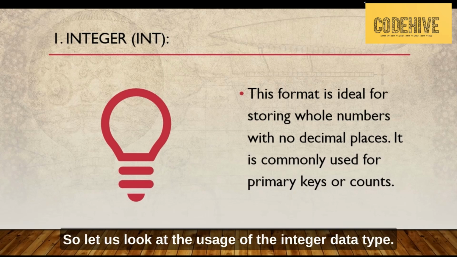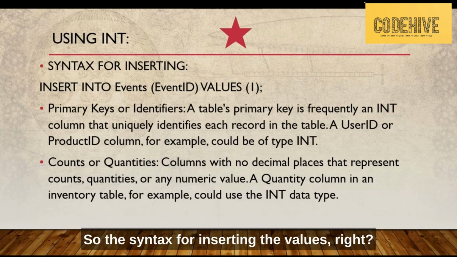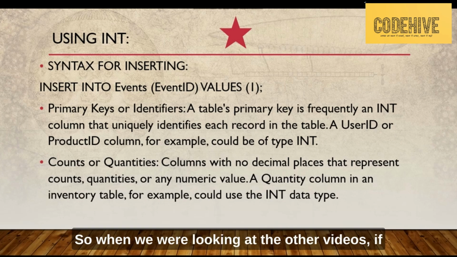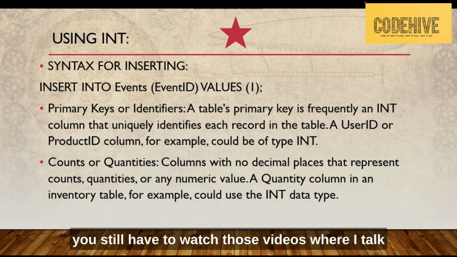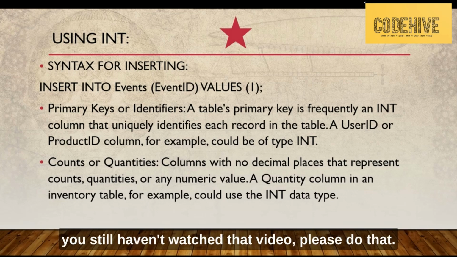So let us look at the usage of the integer data type. The syntax for inserting the values is INSERT INTO events, ID, VALUES 1. In the other videos, I talk about creating a table and inserting values into the table. If you still haven't watched that video, please do.